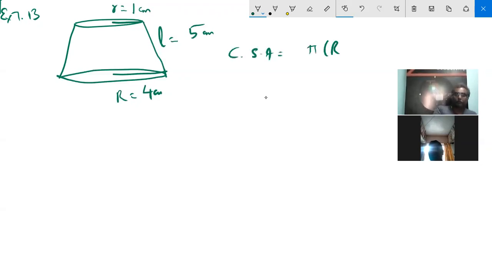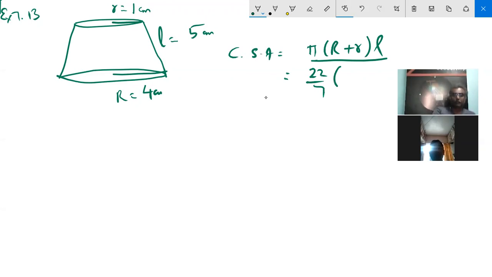What is CSA? Pi into (R plus r) into L. Correct? That's what we found out. So pi into (R plus r) into L. Now tell me how much is pi? 22 by 7.